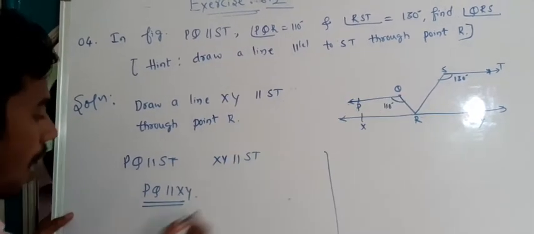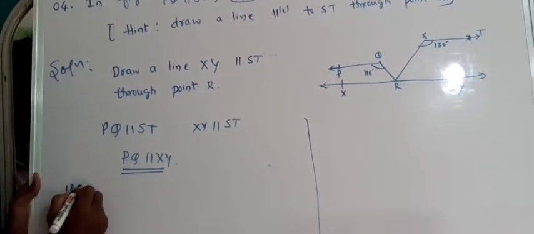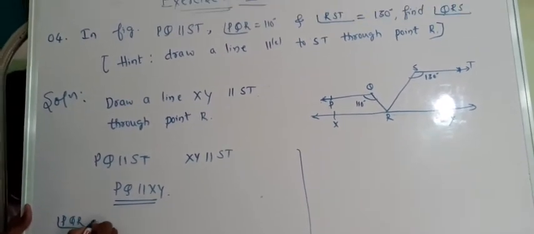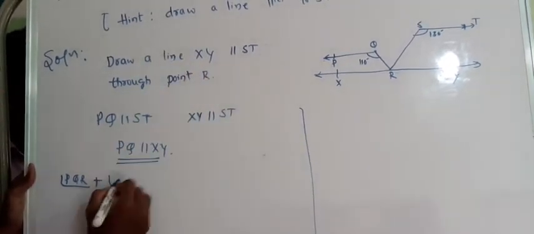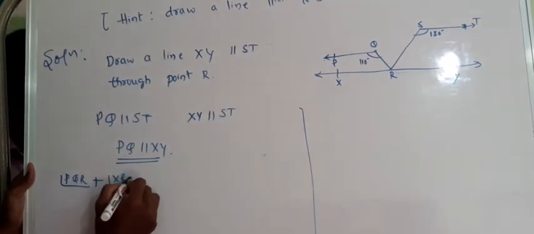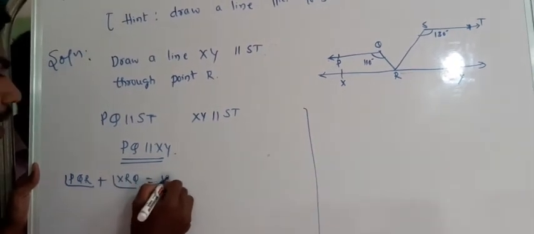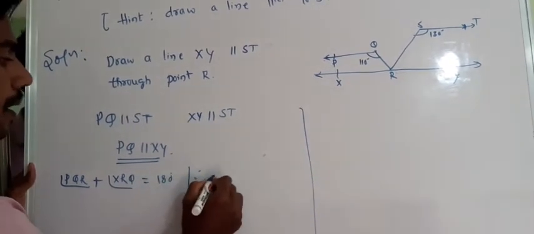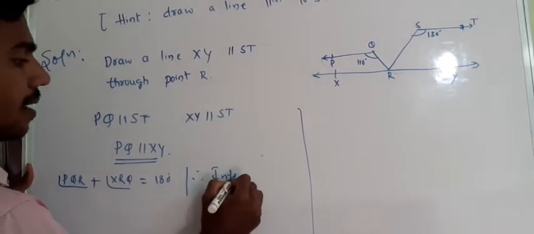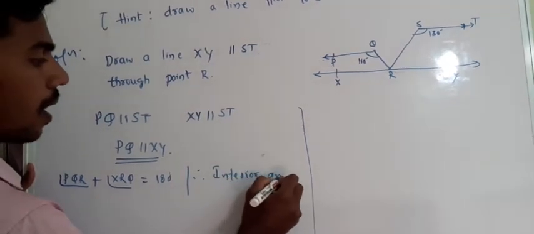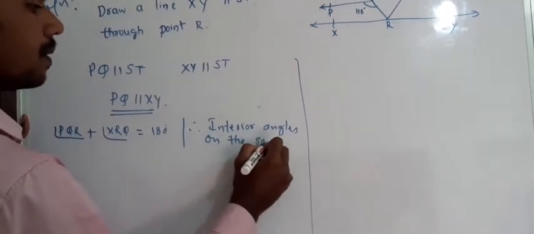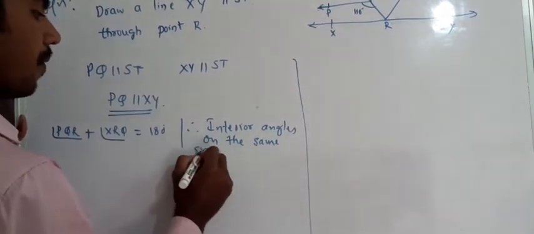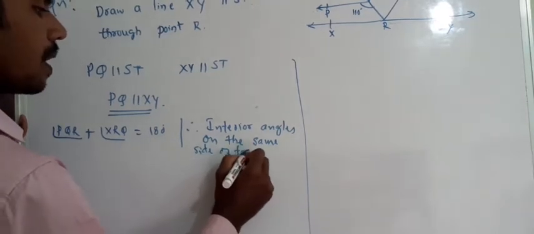Angle PQR plus angle XRQ is equal to 180 degrees. Interior angles on the same side of a transversal.